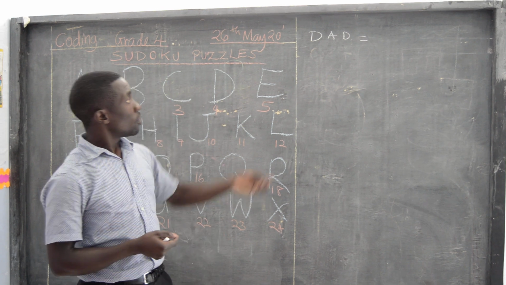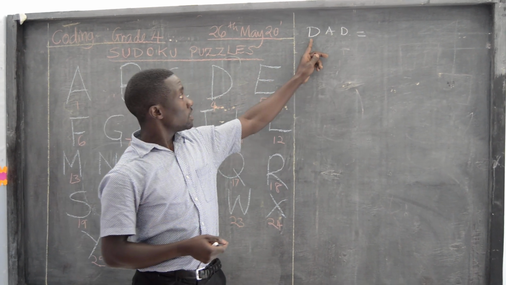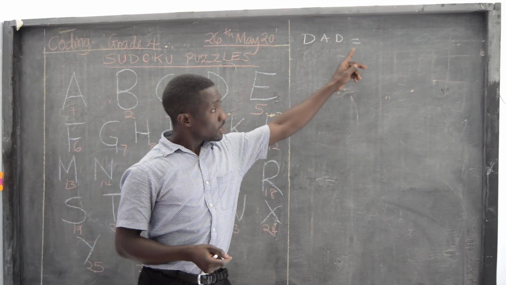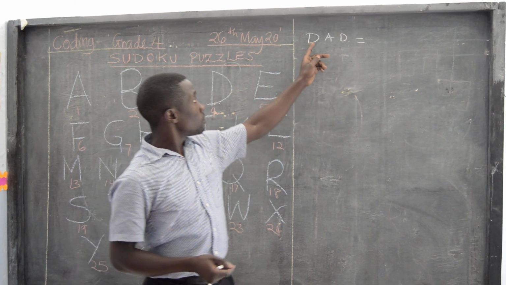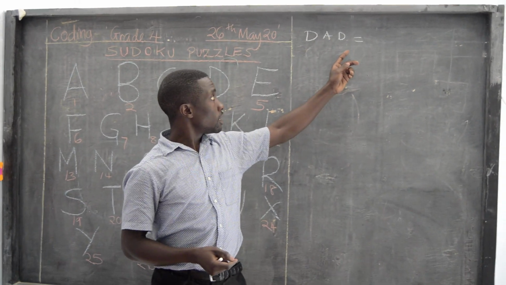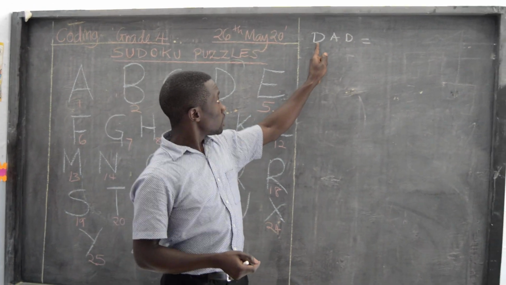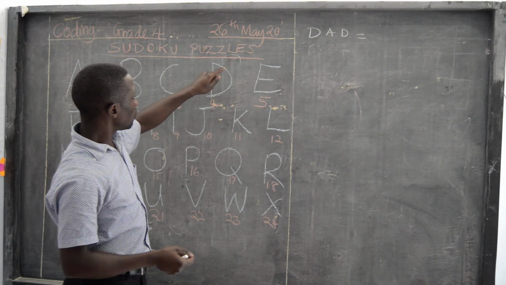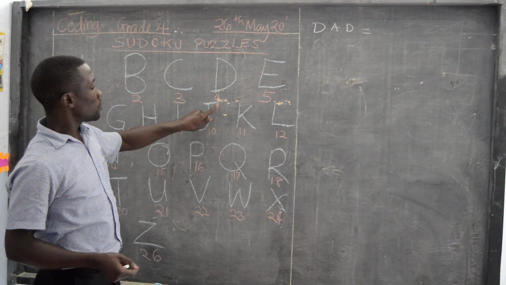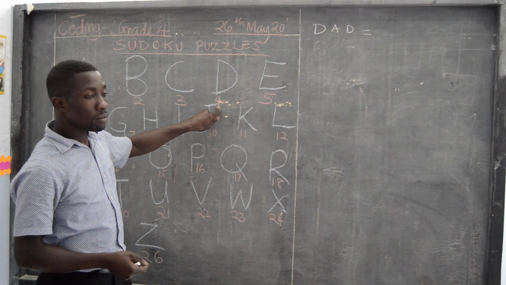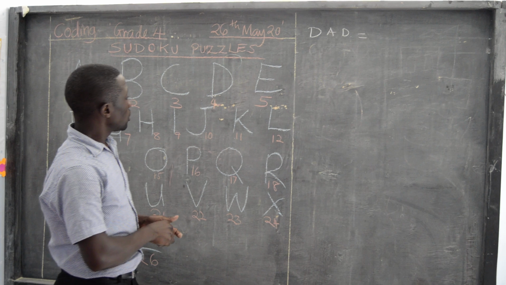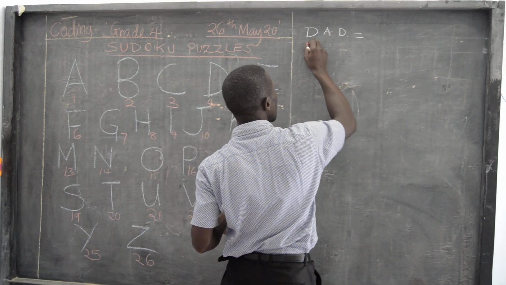For example, we're going to look at that. Look at D. Now, we want to code this word dad into a coding language. So we want to code D. So we look at the value of D. The value of D is 4. So we look at the bottom value that has been added there. So we write here our 4.